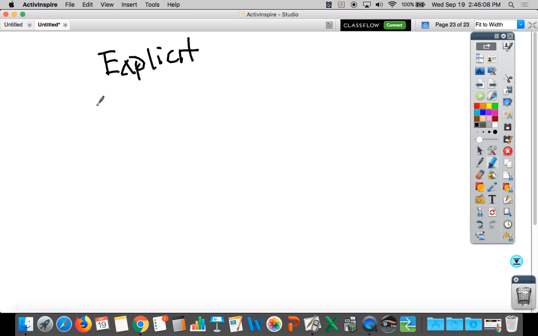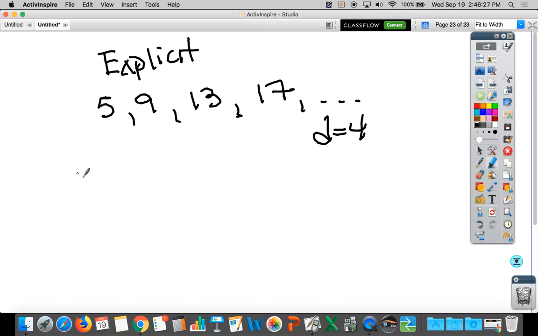So if you had 5, 9, 13, 17, and I wanted the explicit formula. This has a common difference of what? 4, a d of 4. So you would find it however you want to from my notes yesterday. We know that that's 4n plus 1. That is the explicit formula.